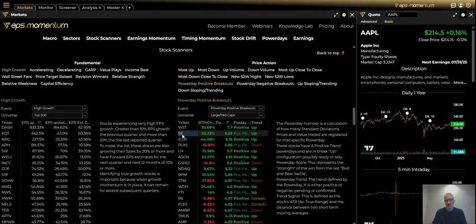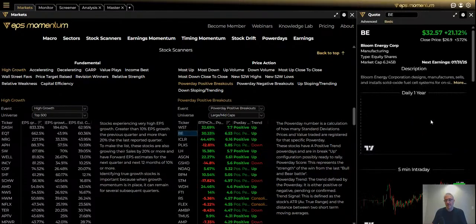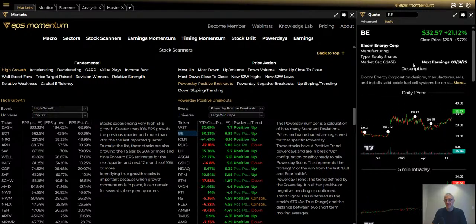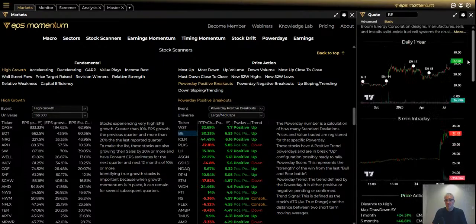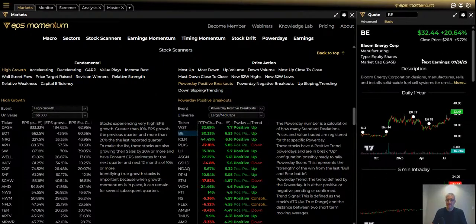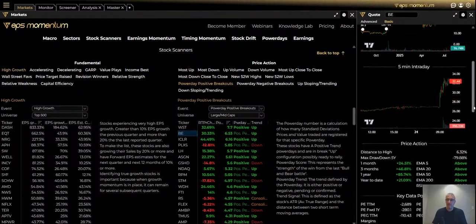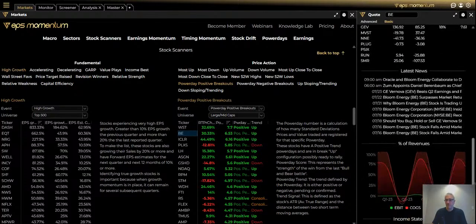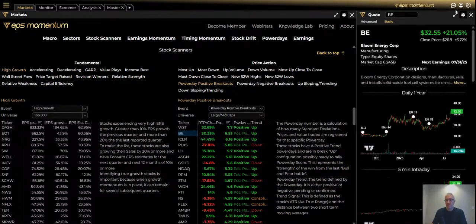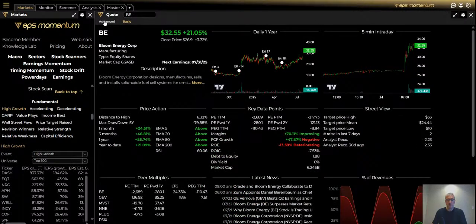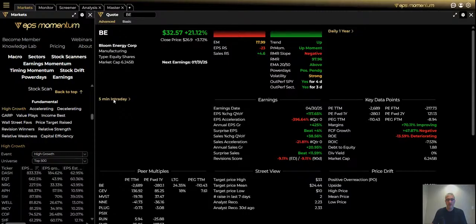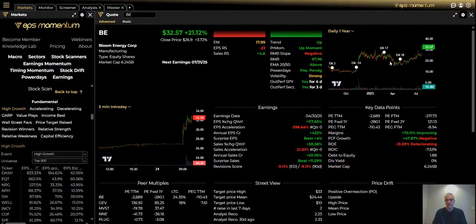Any stock you click on, you're going to get a chart on the side. So this is our quote that lets you monitor some information about the stock. We have two versions of this quote. We have the basic quote that you can see here. And then we have the extended quote, which is the advanced quote there, which can also contain charts if you want to.